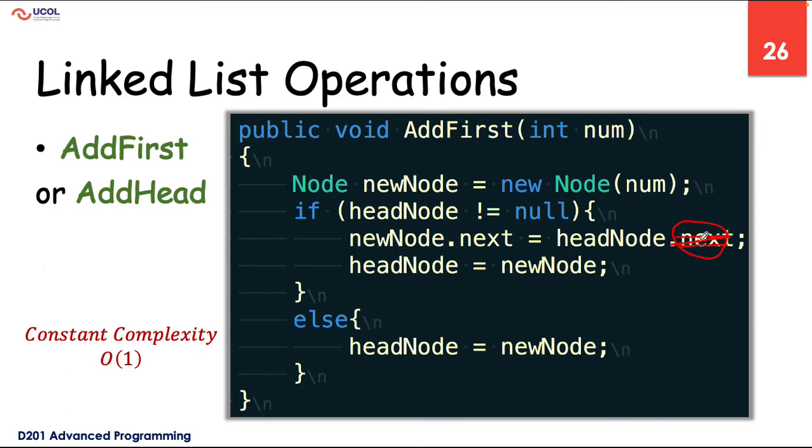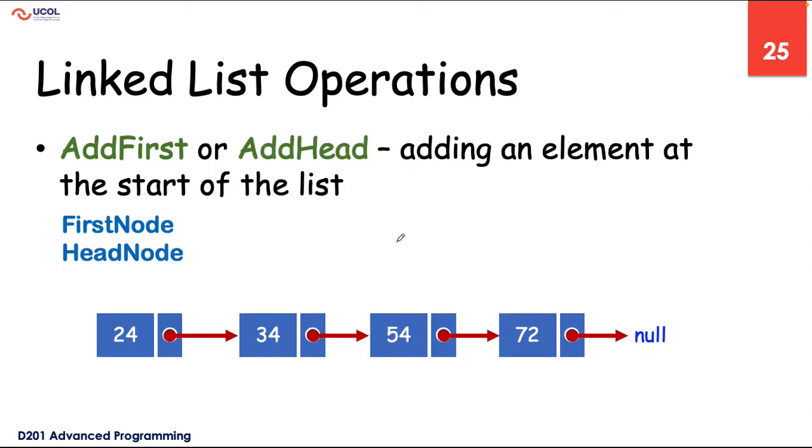Okay, so you need to be very careful that you are pointing these links in the right direction, to the right value. Even when I look at that, oh no, it should not be head node dot next, because if I go back here and say head node dot next, we are talking about this one, so we are pointing to that one.